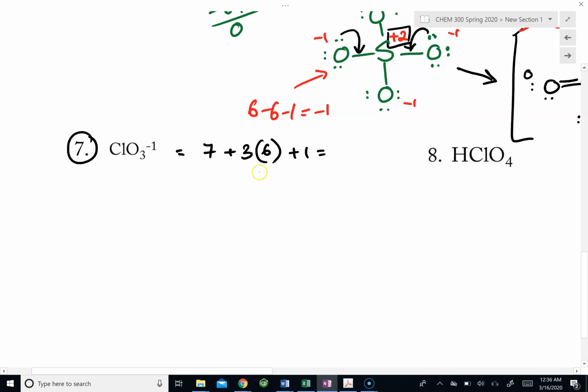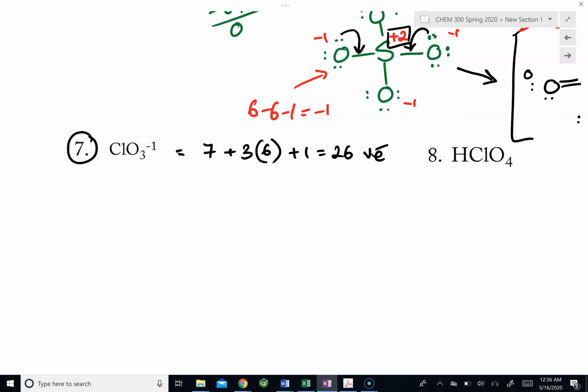So this is 18 plus 8, that equals 24 valence electrons. Oops, I'm sorry, that would be 26, not 24.